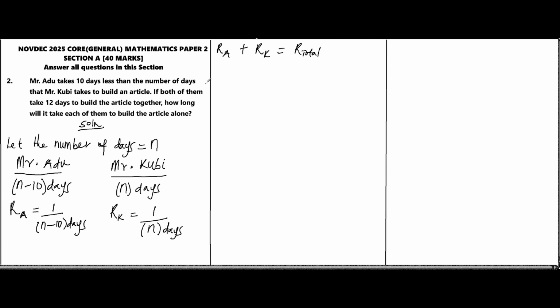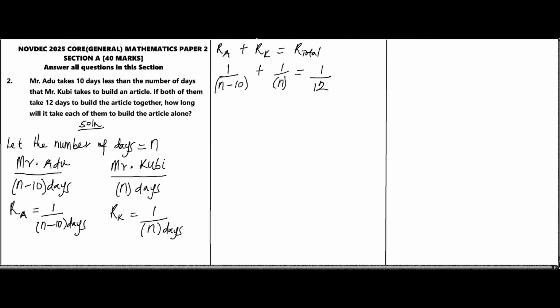In terms of expression, the rate of Mr. Edu is 1 out of n minus 10, plus the rate of Mr. Kubi, 1 out of n. So what is their total rate? We are told that both of them take 12 days to build the article, so one article is built in 12 days. That is their total rate. At this point, we want to find the number of days, that is n.